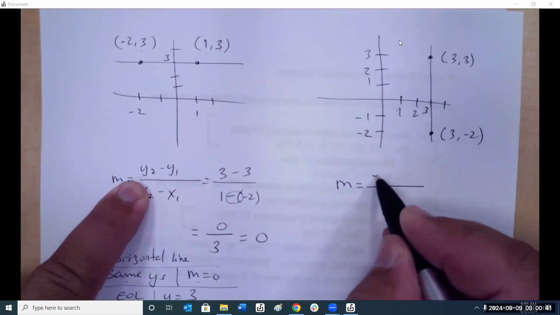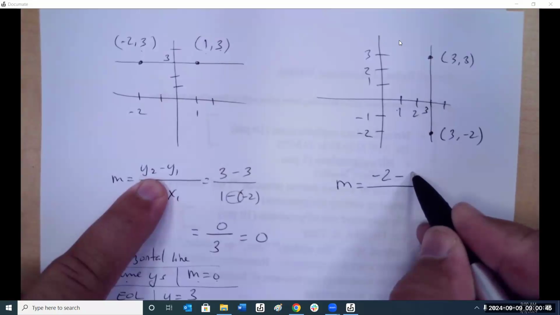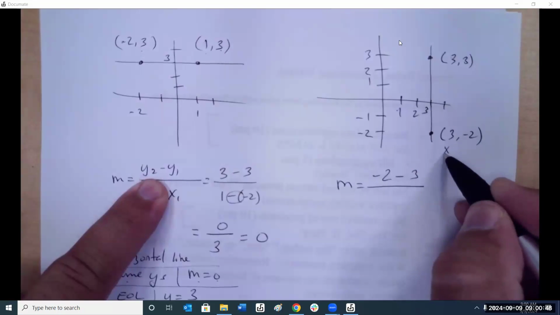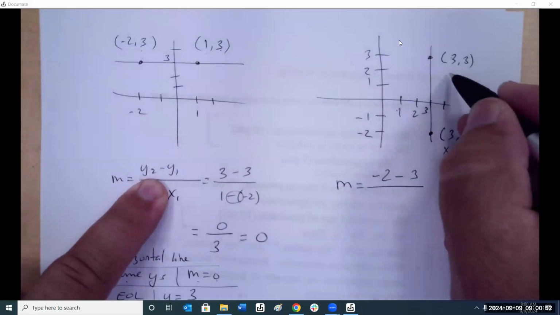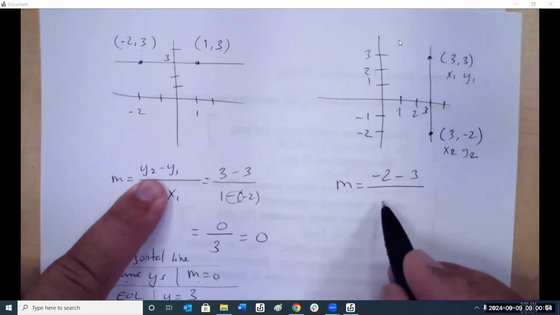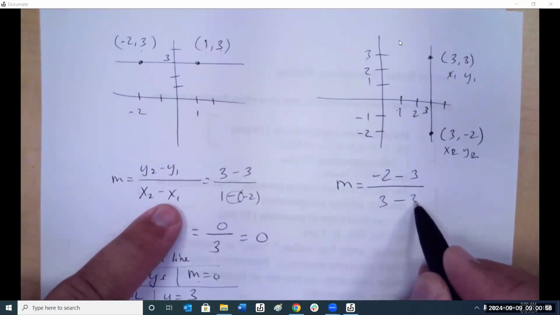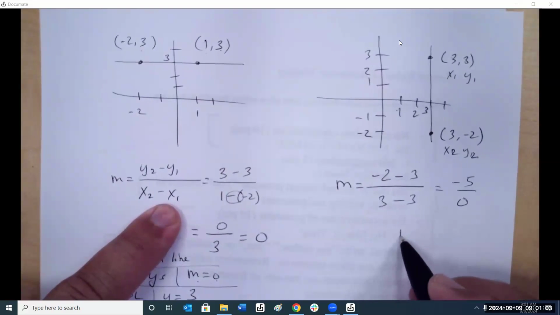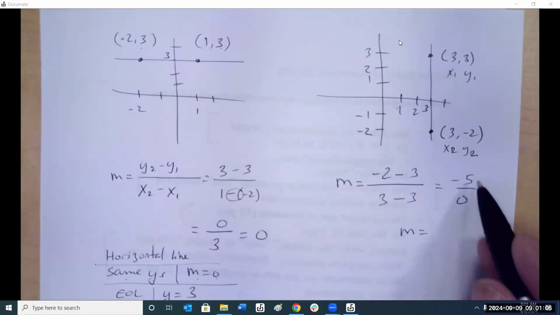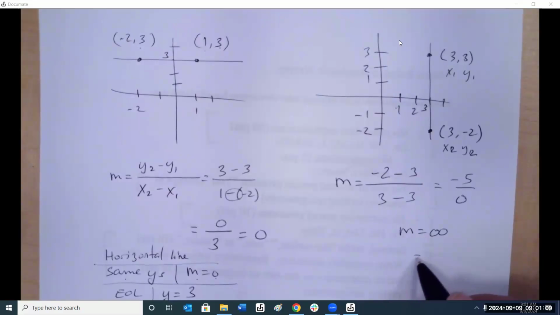It doesn't matter which one, it's always going to be the same, minus y1. This is x1, y1, and this is x2, y2. What's x2? 3. X1 is 3. So we have -5 over 0. How many times does 0 go into -5? Infinitely. So it's undefined.